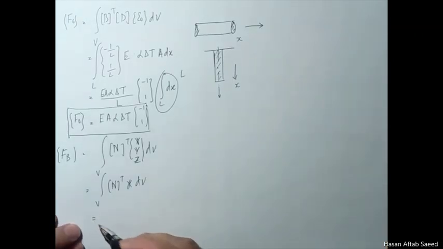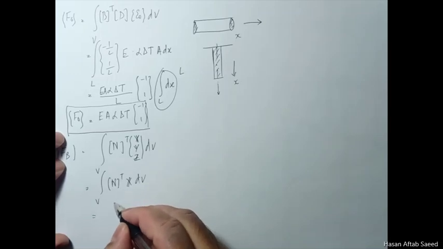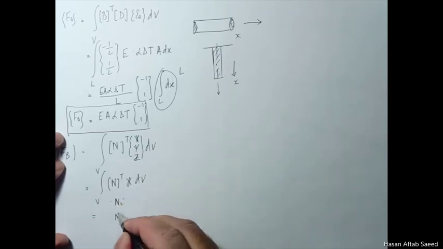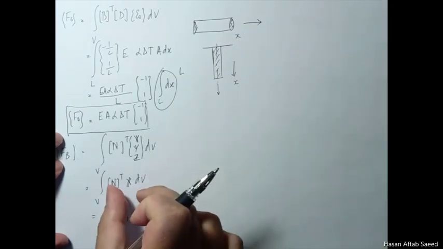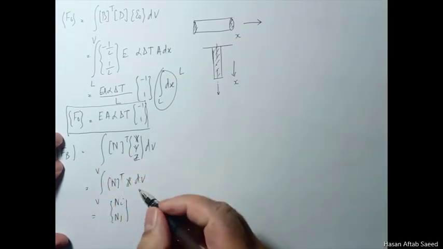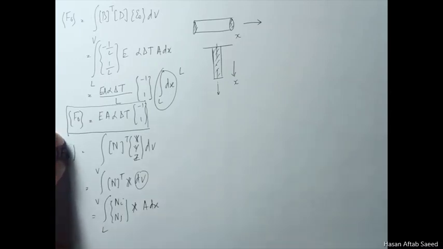And it's very simple. If we extend this, Ni and Nj, this is the transpose, x, and again dV we can write as dx, and this becomes a length integral.